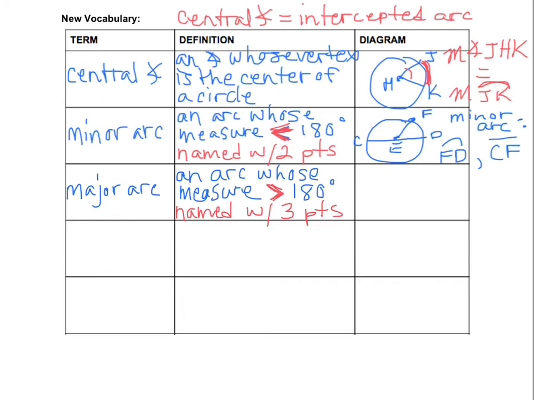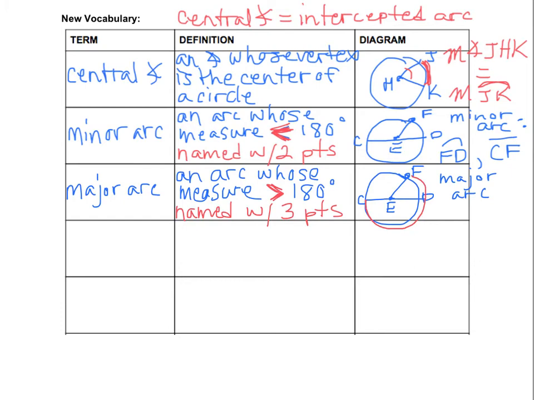The diagram we're going to look at on this one is the same exact one we just drew, with CD going across the middle and coming out from point E to radius F. Only this time, an example of a major arc would be tracing more than 180 degrees.